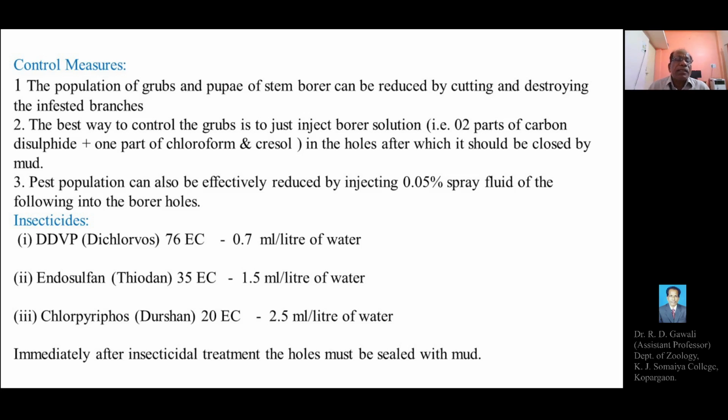So these insecticides are DDVP, commonly called dichlorvos, 76 effective concentration.